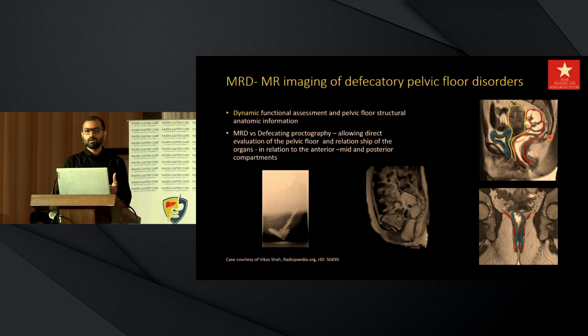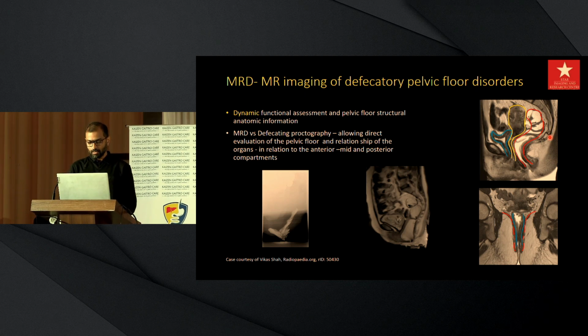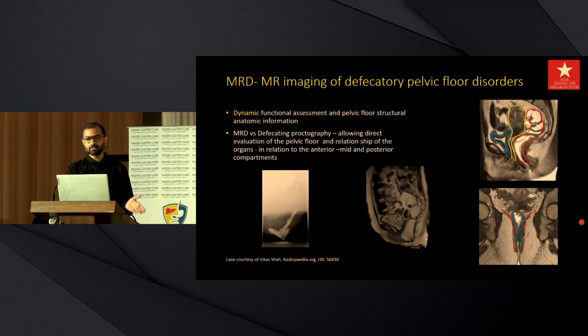But we need to understand that the pelvic diaphragm is a dynamic, single structure. If one compartment is affected, it is quite possible that to some extent there could be affection of the other compartments as well. MR beautifully depicts abnormalities corresponding to all the three compartments.